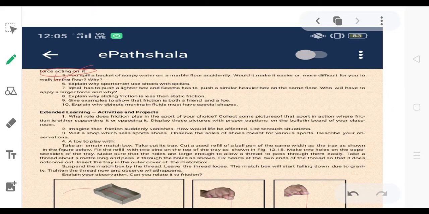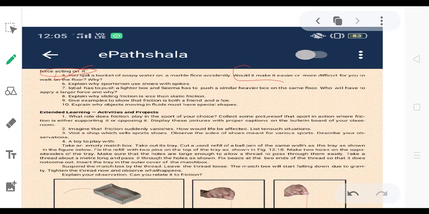Number 5. You spill a bucket of soapy water on a marble floor accidentally. Would it make it easier or more difficult for you to walk on the floor? Why?